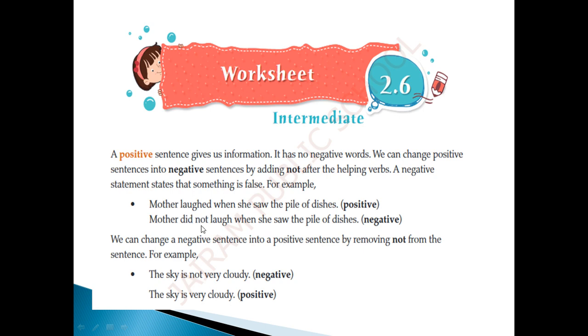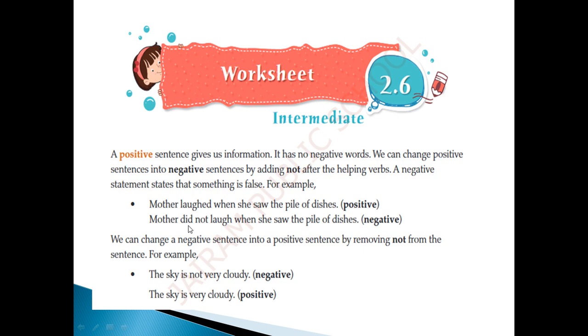So what are the differences from these two sentences we come to know? See the first sentence, we have only one main verb, that is action verb, laughed. For this type, you have to find by yourself the helping verb.